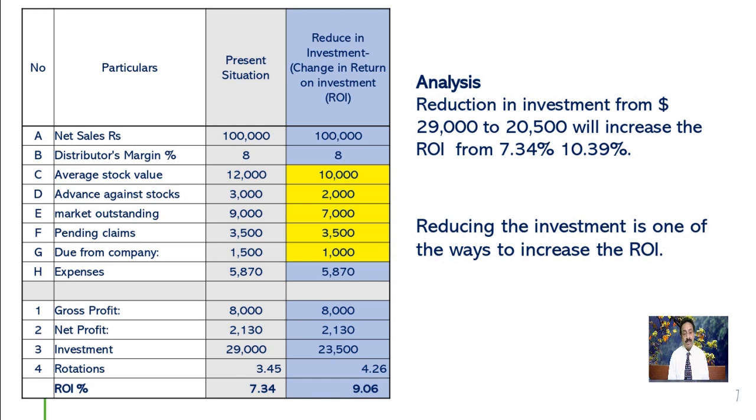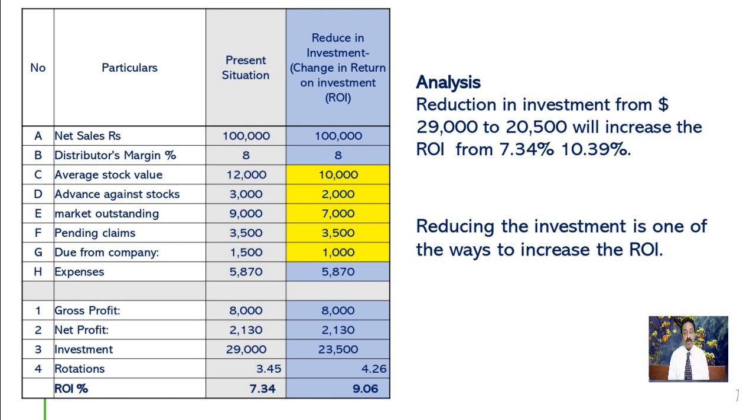If you change the investment from $29,000 to $20,500, the ROI increases from 7.34% to 10.39%. $8,500 difference will make almost 2.5% increase in ROI.